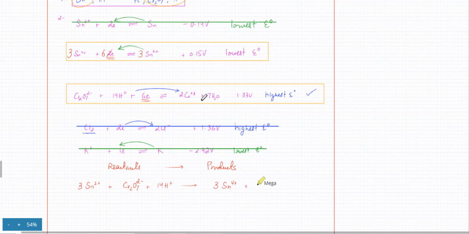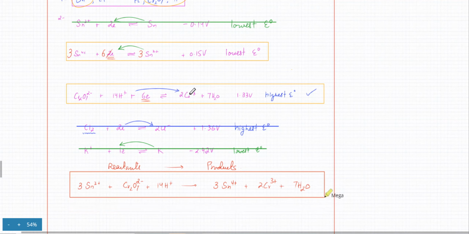And in the second one, the products are 2Cr3 plus and 7H2O. So that's my overall equation.